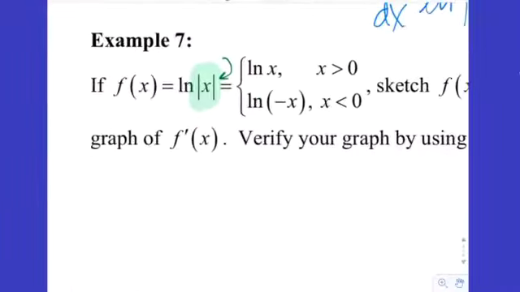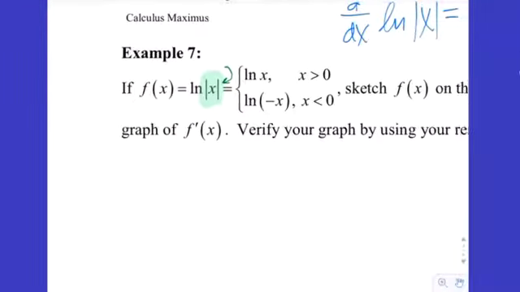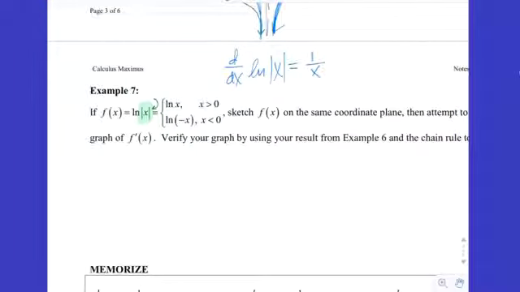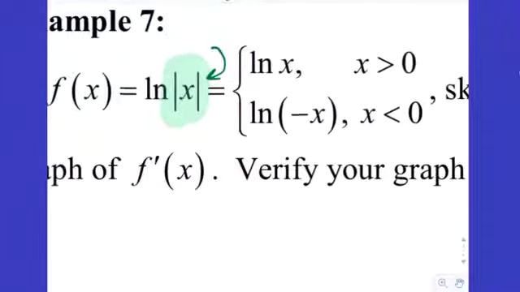Okay? We're going to verify that algebraically right now because we just saw the trend graphically. If we decompose the natural log of the absolute value of x into two pieces, if x is greater than 0, the natural log of the absolute value of x is just the natural log of x, right?